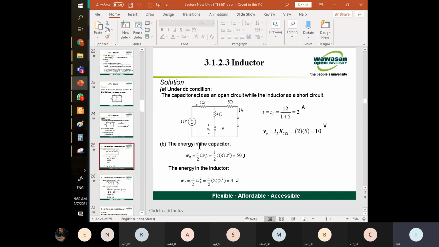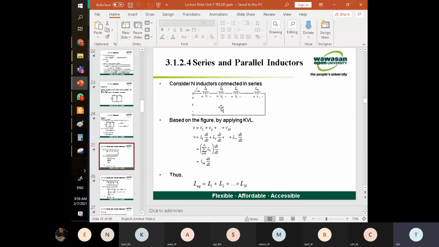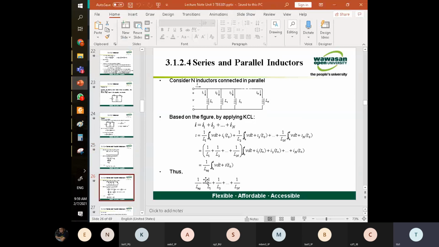You can see the inductor in series is just like a resistor. You can just sum all together. When the inductors are in parallel, you need to put 1 over for each value, right? So you can see that an inductor is very close to a resistor, opposite to the capacitor.